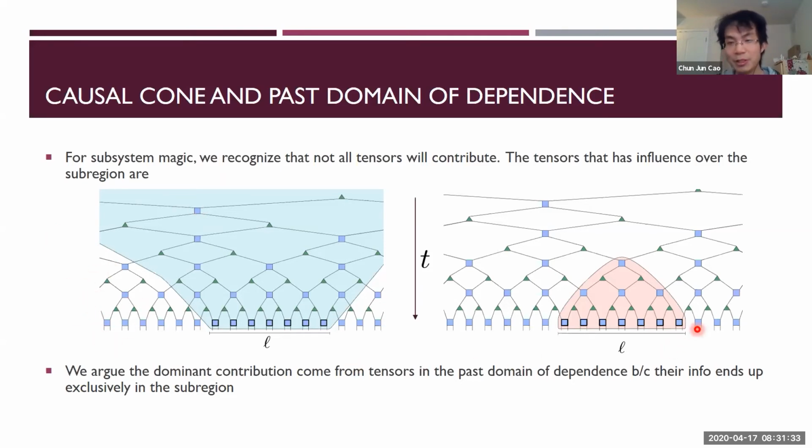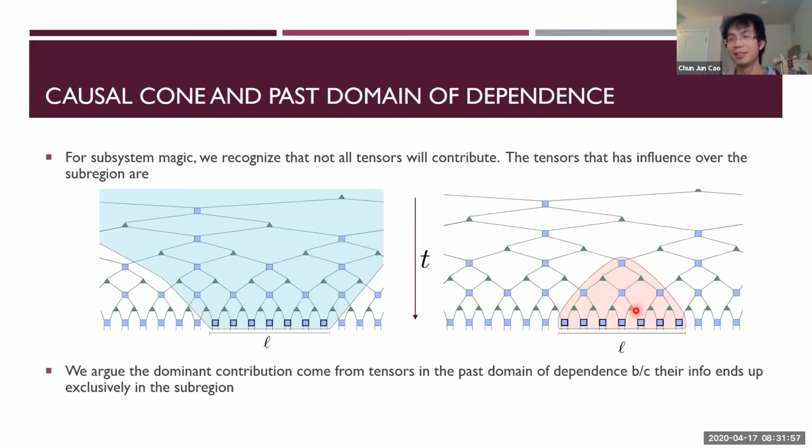So instead, what we use is that we're going to argue that the leading contribution of the magic in the subsystem is in fact coming from these tensors in the so-called past domain of dependence. These are tensors where information, no matter how you want to go out, no matter which path you follow, can never leave this interval over here.